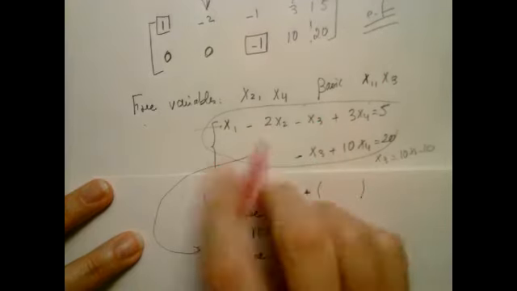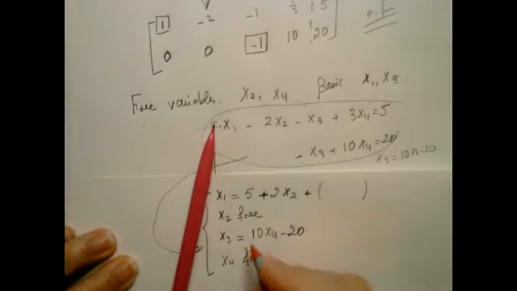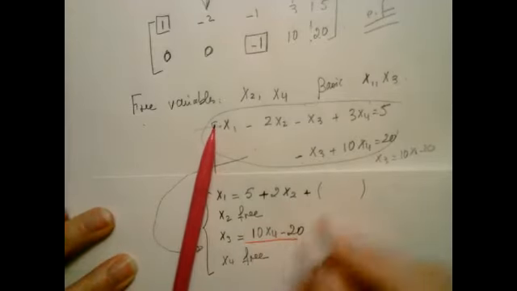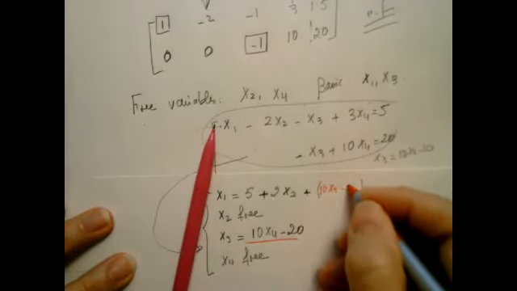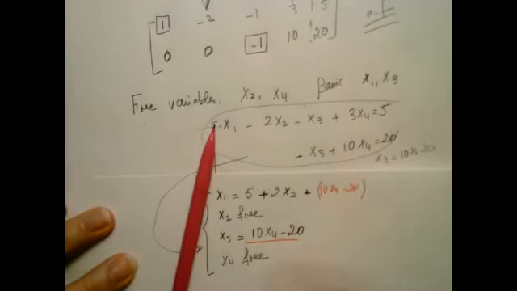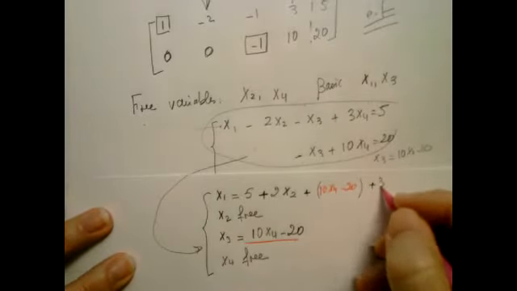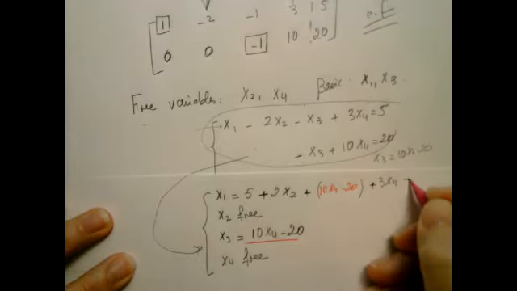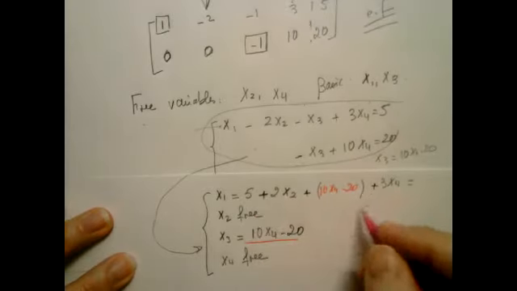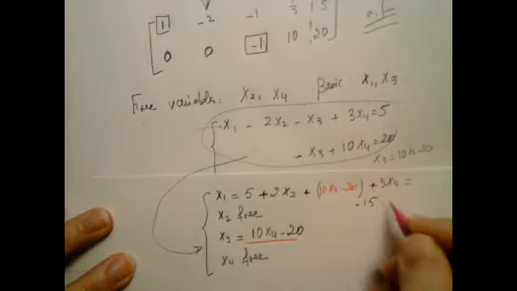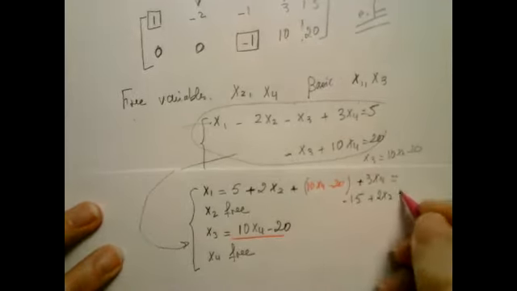So instead of x3, I have to substitute x3 by its expression in terms of the free variable. So instead of x3 here, I need to put 10x4 minus 20. Crucial. And once I do that, plus 3x4. And now I simplify that. So this would give me minus 15, plus 2x2, and plus 7x4.